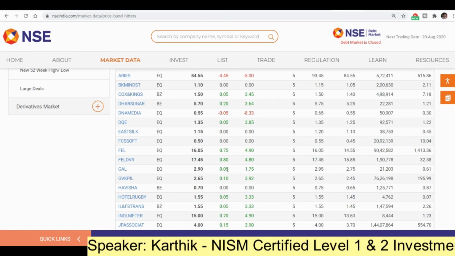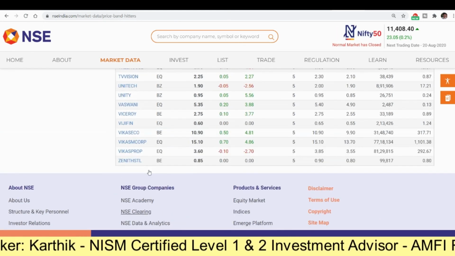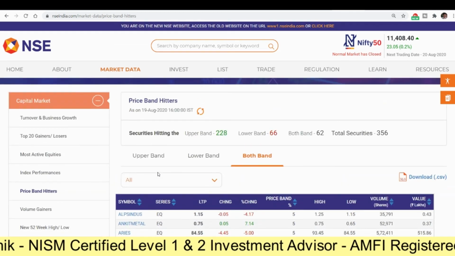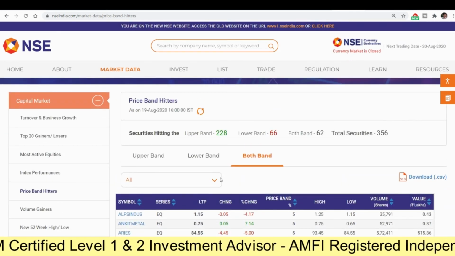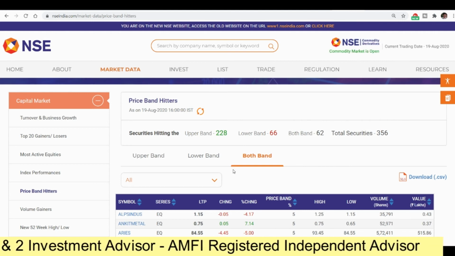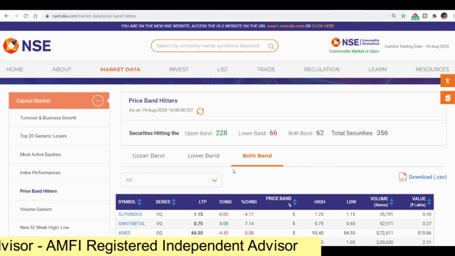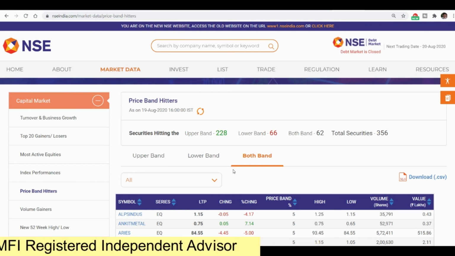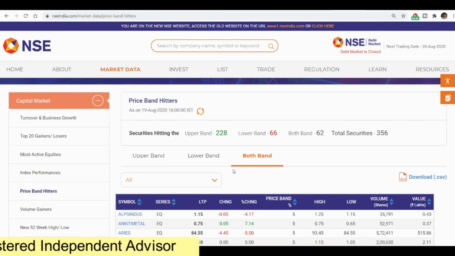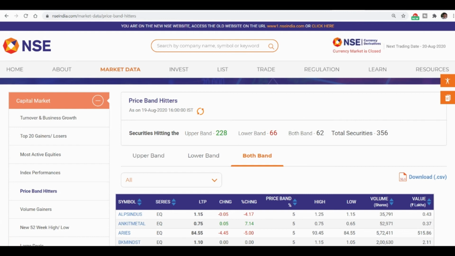You can just take a look, and I hope you got to know what a price band is and how to analyze the lower circuit and upper circuit of a stock. In addition, you cannot place an order beyond the price band that is given. Your order will show that the circuit has limited it, and you will get an error message. So that's all about the price band. Thank you, bye bye.